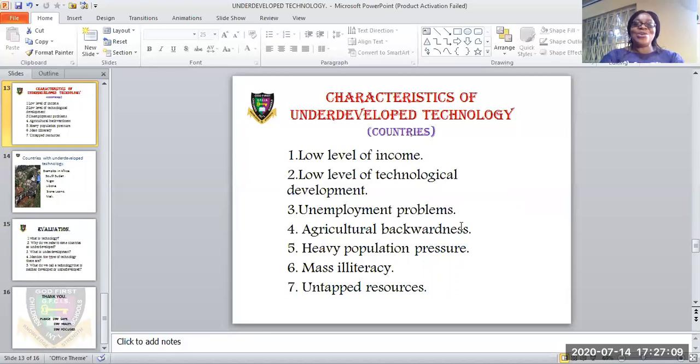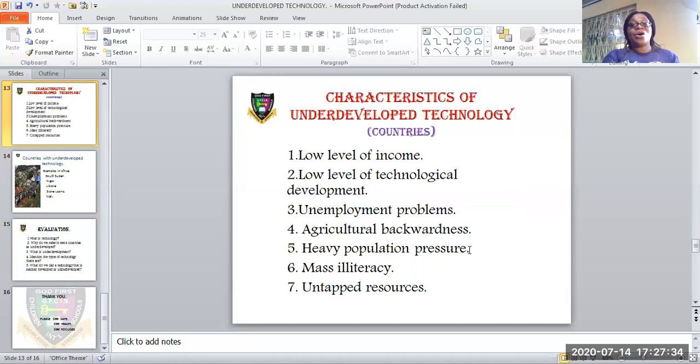How far can he go when there are vans and harvesters? Do you understand? How far can he go? So they have agricultural backwardness. Yes, they are not enlightened enough to know the best ways to do their agricultural work.